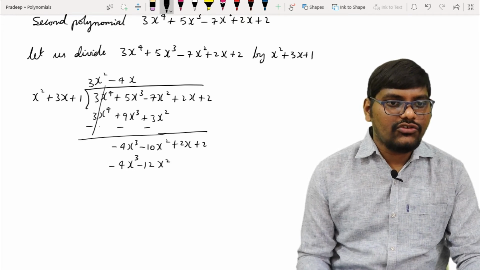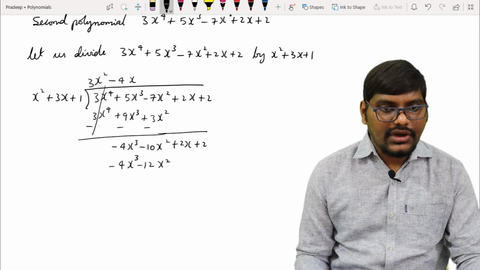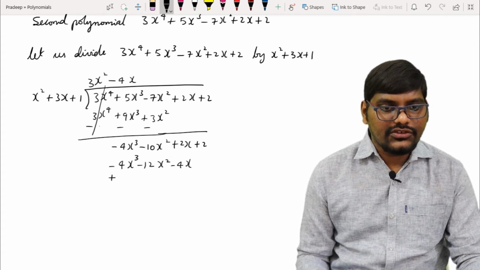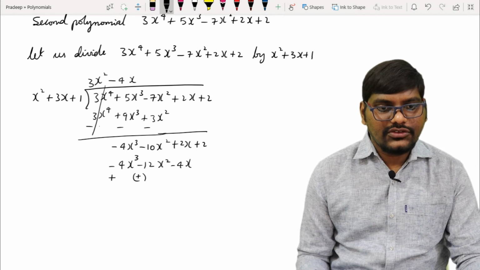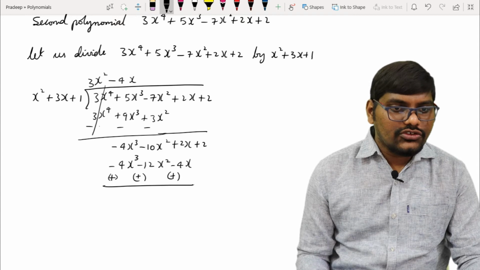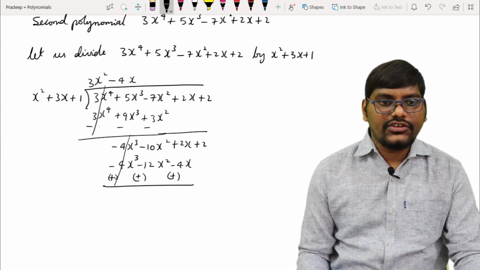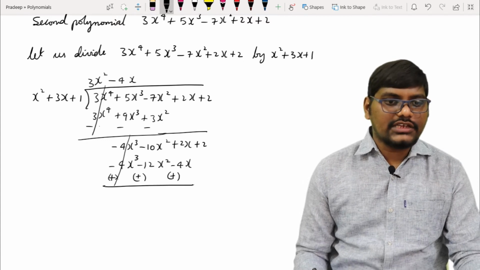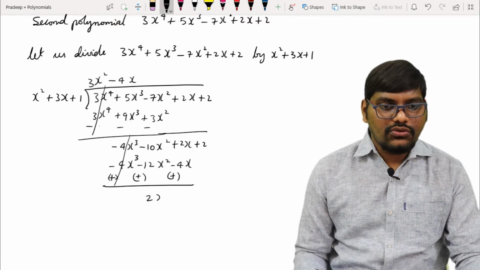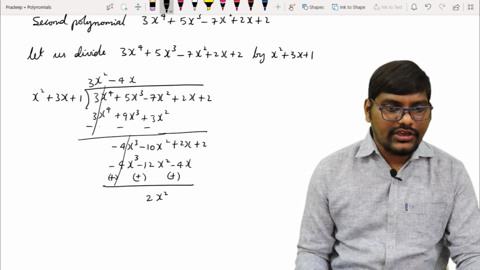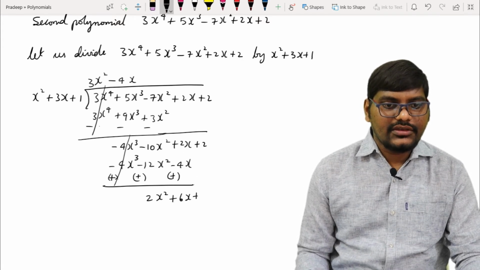Next is 1 into minus 4x, that is minus 4x. Changing signs, these get cancelled, and minus 10x square plus 12x square gives 2x square, and plus 2x plus 4x gives plus 6x plus 2.